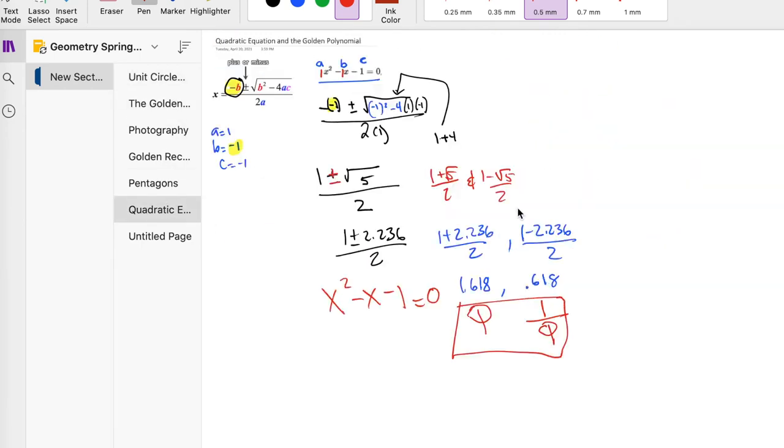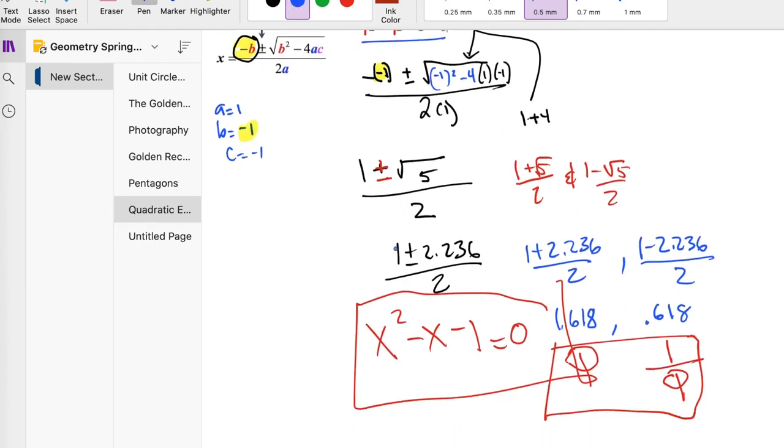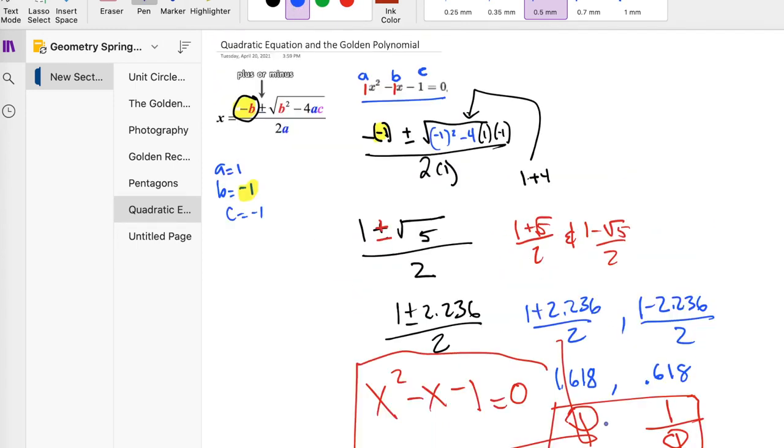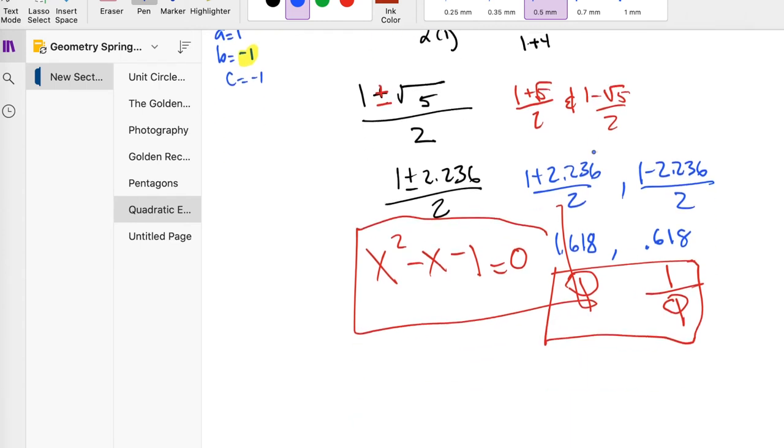So that is how the quadratic equation can be used to solve x squared minus x minus 1. I would call that a golden polynomial, because when we solve it we get the golden ratio phi as well as the reciprocal of phi. And again, those represent those shapes that we enjoy.